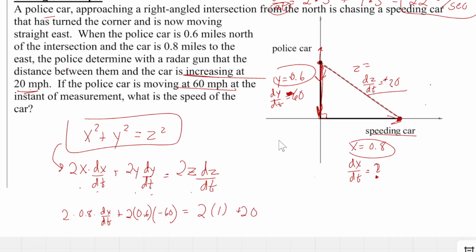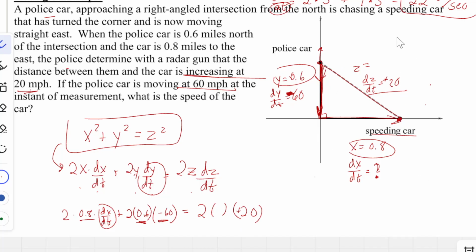All right. And then as I'm plugging in numbers, let's see, x is 0.8, dx/dt I don't know, so I just leave that as dx/dt. y is 0.6, so I'll plug that in. dy/dt is negative 60. And then I get to a point where I don't know z. So I have to come back over here and actually do Pythagorean to figure out z.